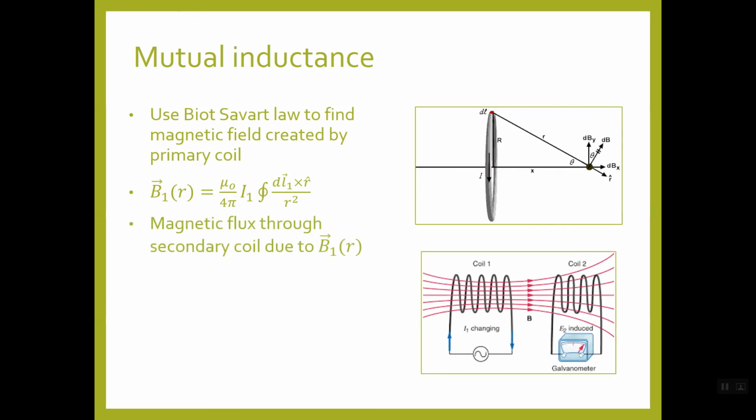So the magnetic flux through the secondary coil is due to the magnetic field created by the primary coil. So the flux is going to be equal to the magnetic field of the primary coil dot dA2, the surface area of the secondary coil.